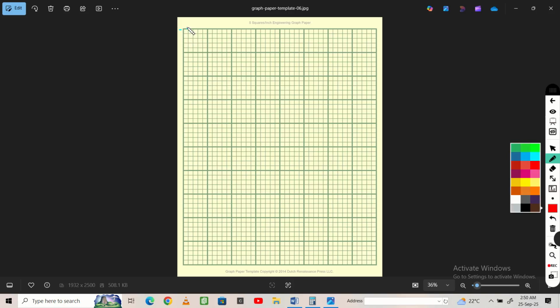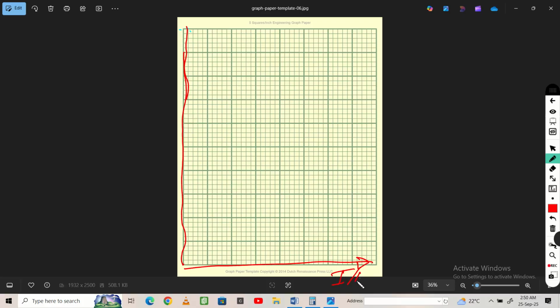I wiped that one. Sorry, my line is not good. And then you draw this, you put an I, and you label V. Now we said on the y-axis, one of these boxes from here to here is 1 unit.